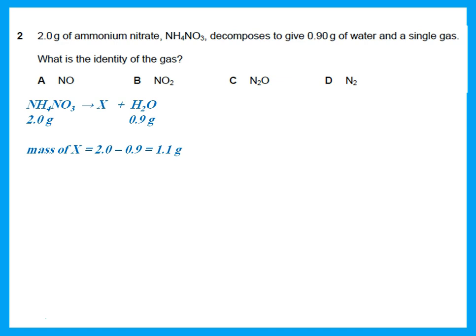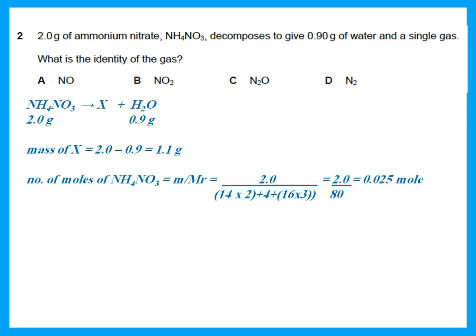And what we're looking for is the identity of X. Now, you should realize, first of all, that the total of the masses of reactants equals the total of the masses of products. So, if we're starting with 2 grams of ammonium nitrate and I got 0.9 grams of water, then the mass of X is the difference between them. So now I have the mass of X, 1.1 gram.